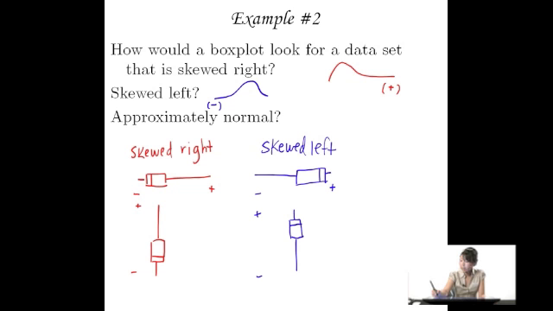What about approximately normal distributions? Well, when you draw it on its side, you know that it has to be roughly symmetrical because it's approximately normal. So that part is easy. But another thing about normal distributions is that most of the values, 68%, are clustered within a small space, within one standard deviation away from the mean on either side.